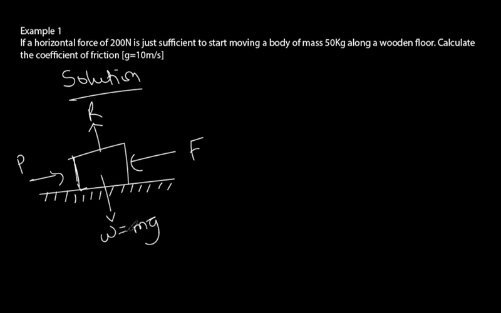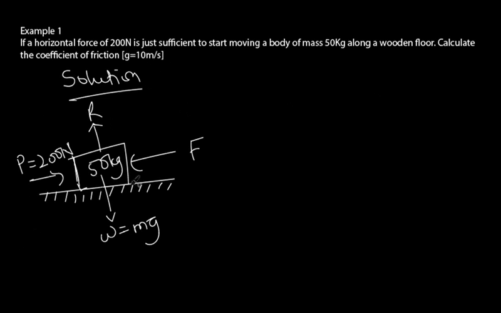Mass times gravity. Now the question is telling us, if a horizontal force of 200 newtons, which means we are applying a force of 200 newtons, is just sufficient to start moving the body of what? 50 kg along a wooden floor, calculate the coefficient of friction.